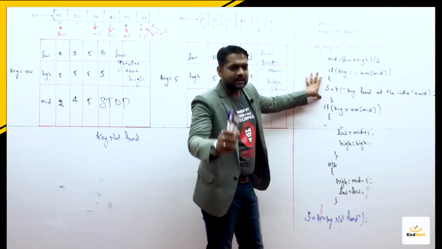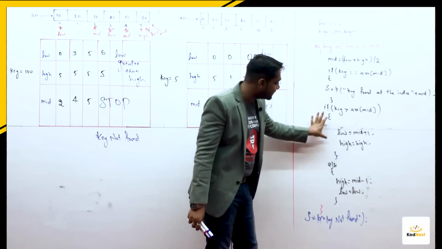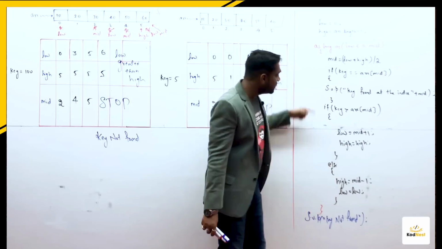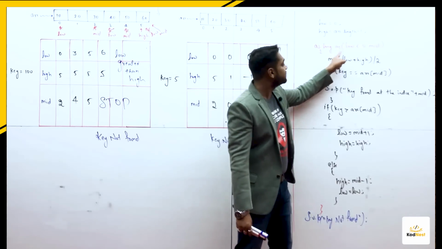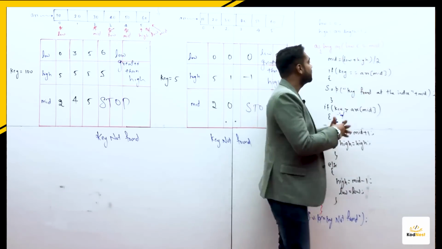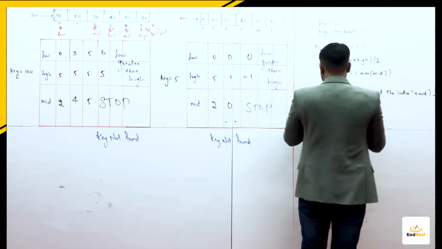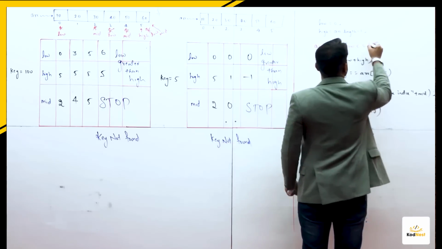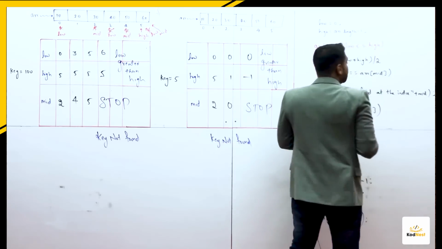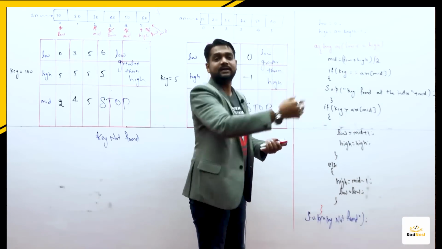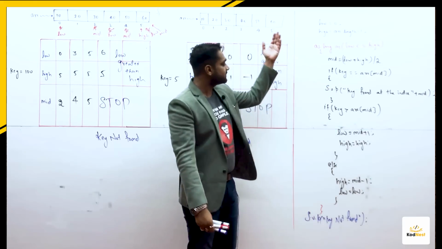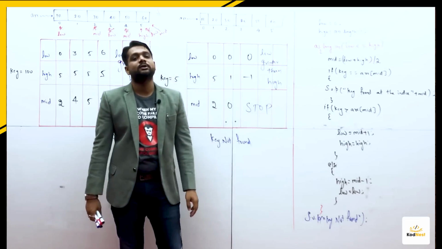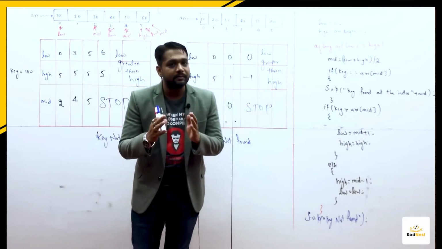If it is equal, you say key found. If it is not equal, you check whether it is greater or lesser. Again you do this, as long as low is less than or equal to high. Once low becomes greater than high, you come out and say key not found. Whatever you are seeing here, this only is the binary search algorithm. I hope I am completely clear.